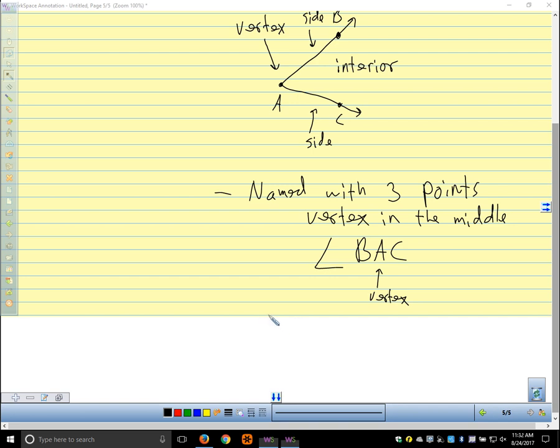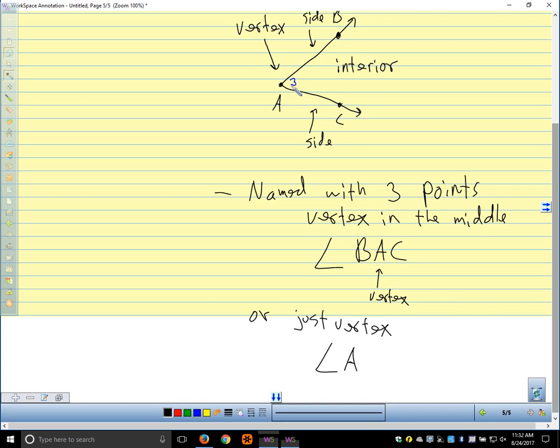Or, if it's not confusing, if there's not multiple angles with the same vertex, we can use just the vertex. So we could call this angle A. There aren't any other angles with point A as the vertex, so we could call that angle A. And I'm going to put a number in here, the number 3.